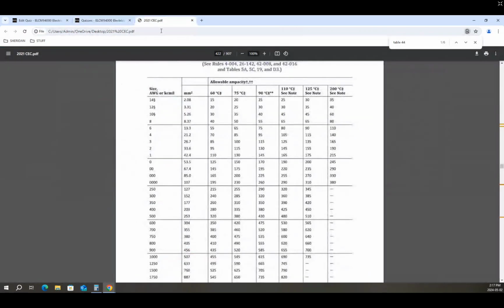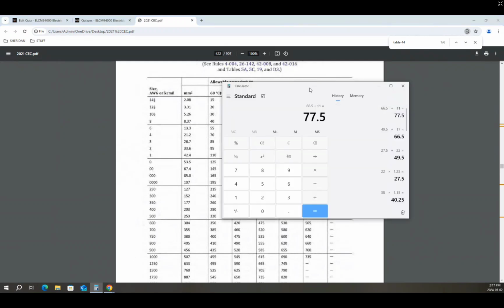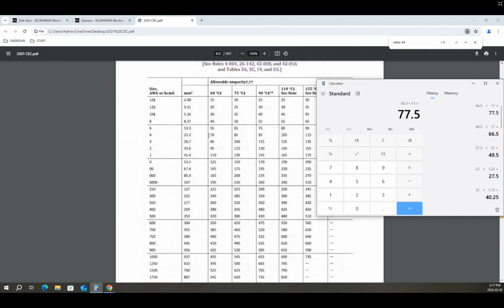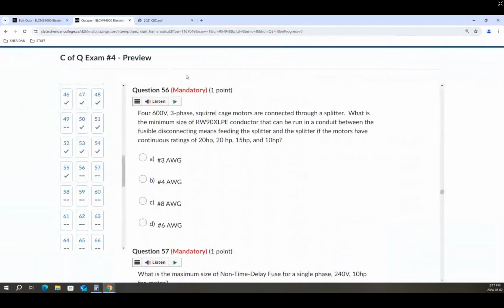I've got no termination temperature given, so I'm going to go with the 60C column. And going down the 60, I'm going with a number 3.